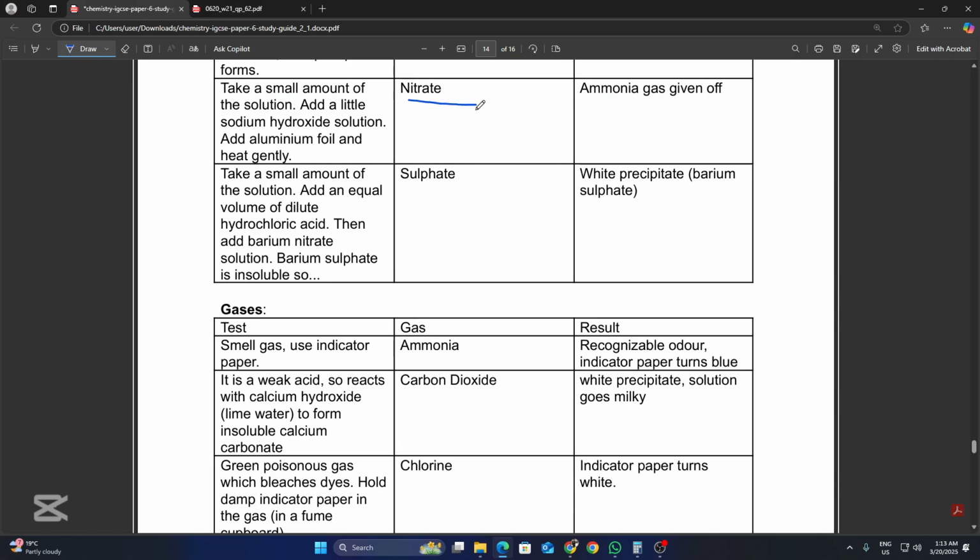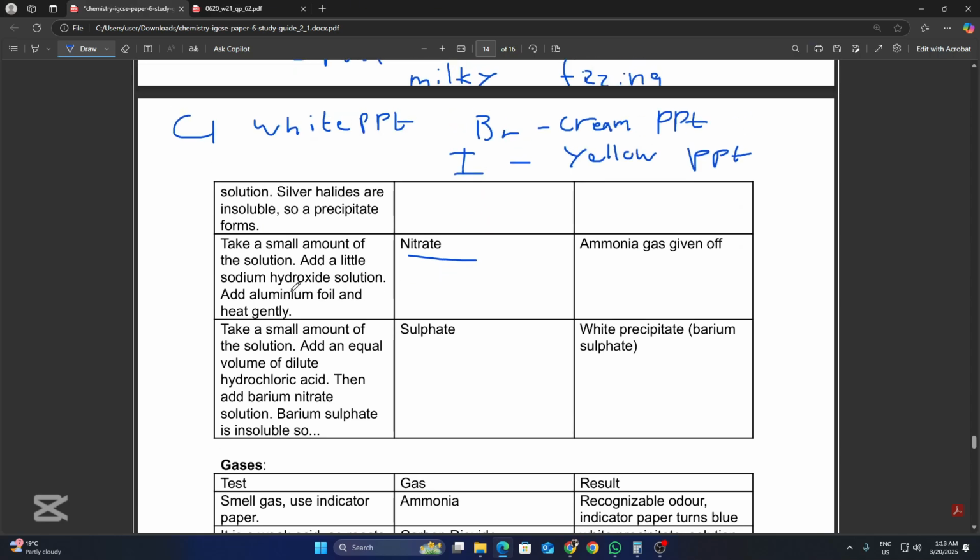For nitrates, we have to add sodium hydroxide and aluminum foil. What happens when you do this and a nitrate is present? Ammonia gas will start to release. To test for ammonia, you need damp, which means wet, litmus paper.